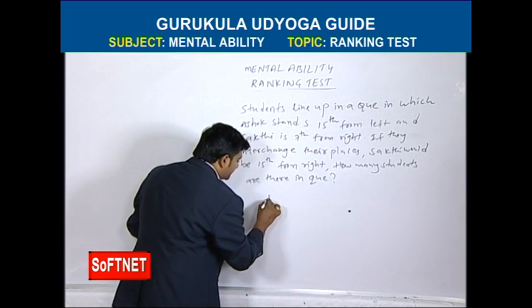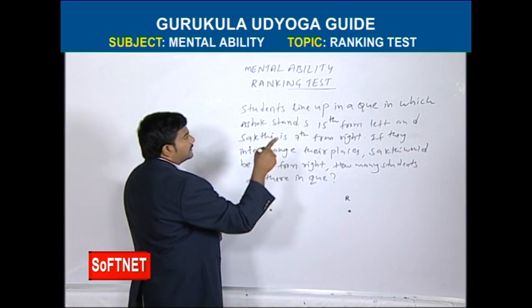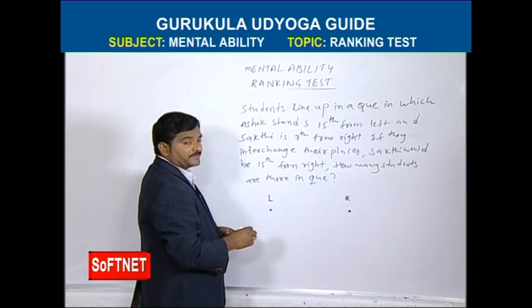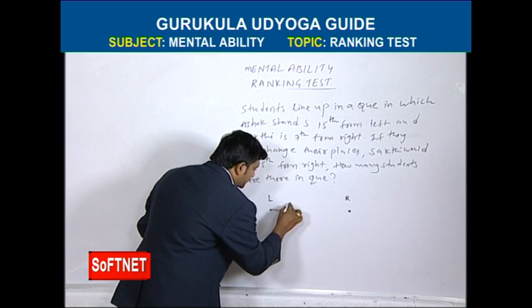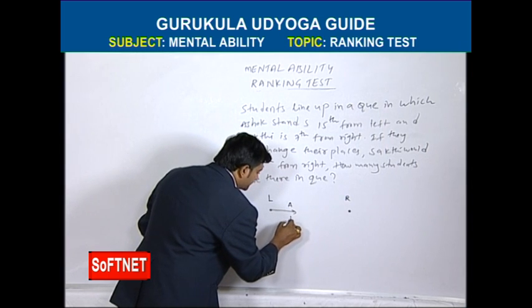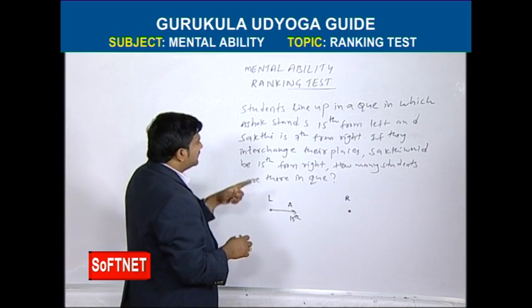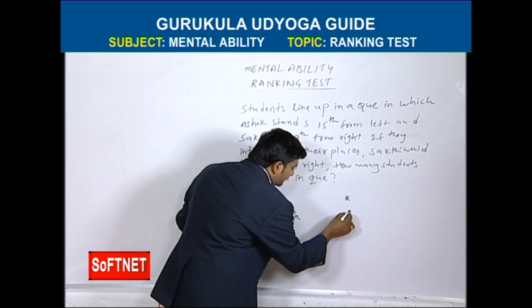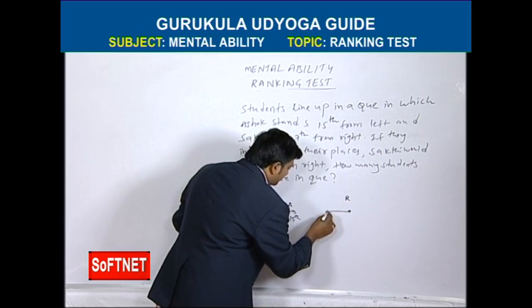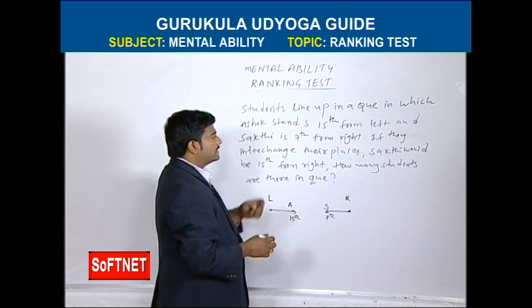Here Ashok is there, at the 15th position from the left. And Shakti is 7th from the right.